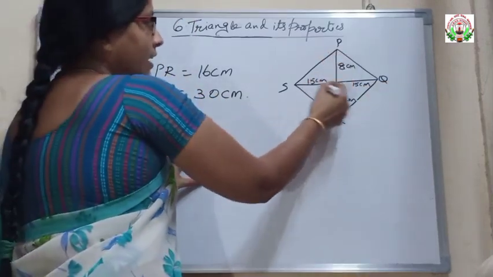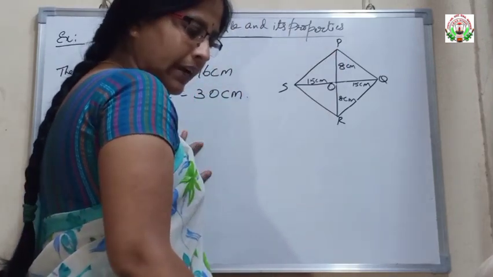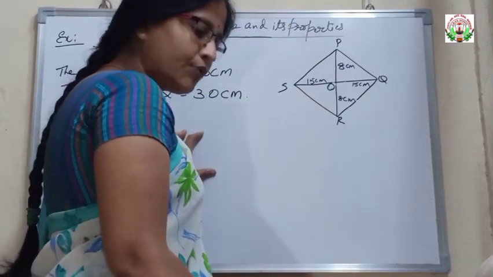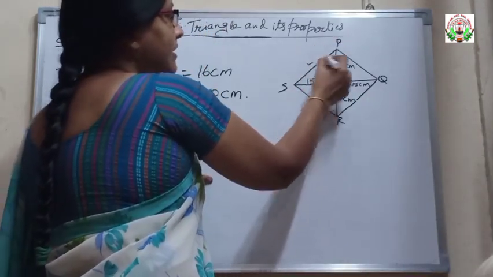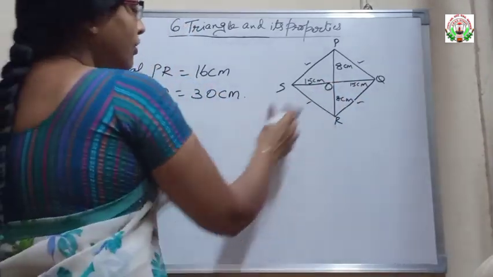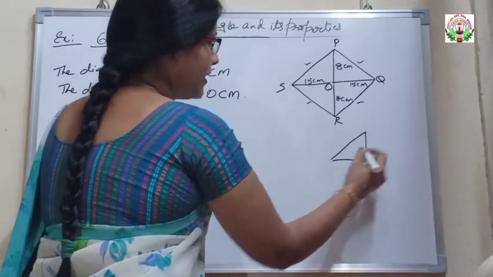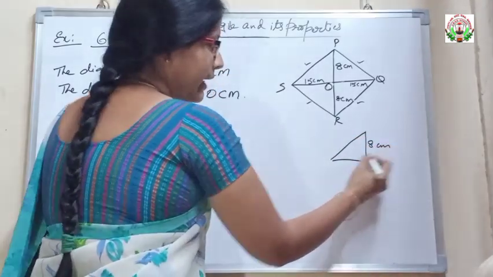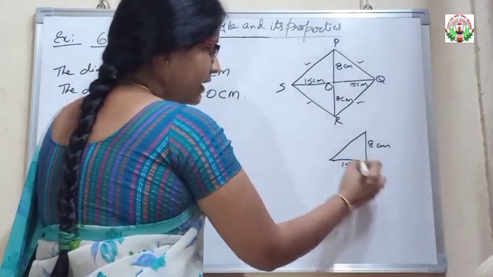So let us take one triangle. They have asked to find the perimeter of the given rhombus. First let us find the sides of this rhombus. So I am taking the first triangle. Perpendicular is given as 8 centimeters. Base is given as 15 centimeters.